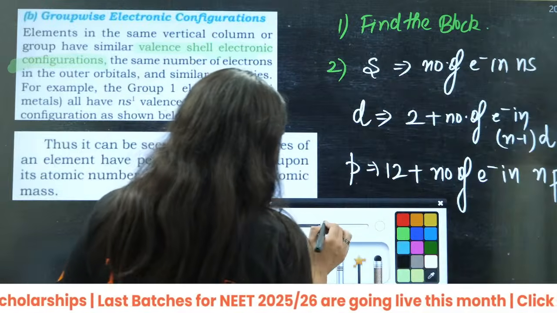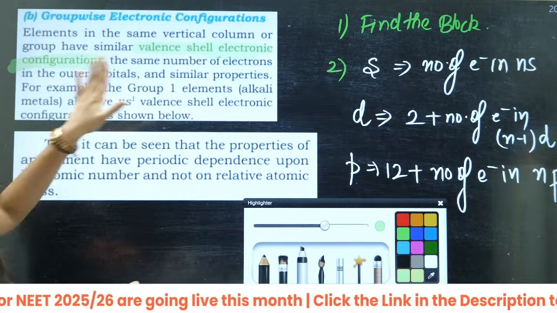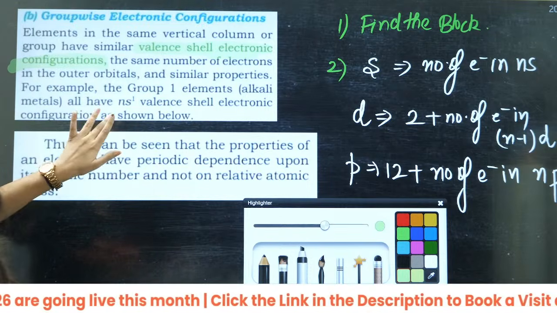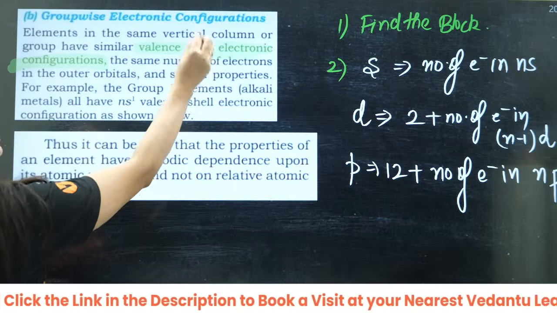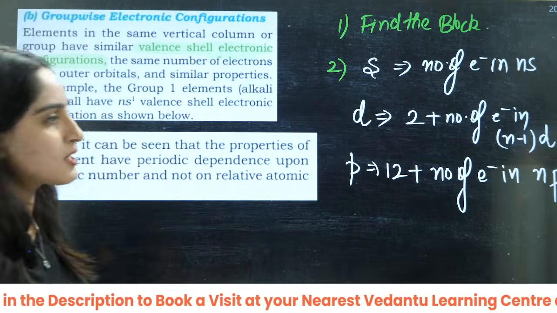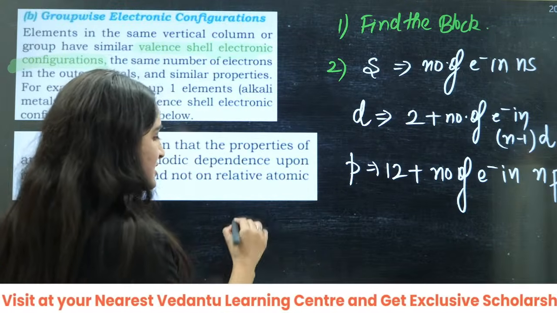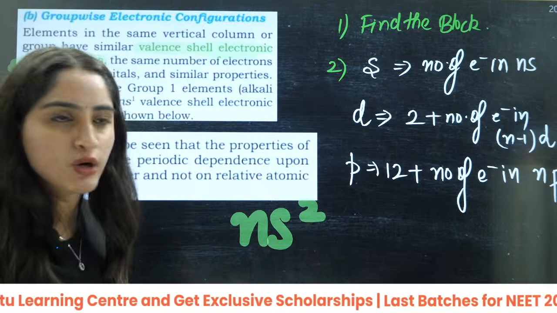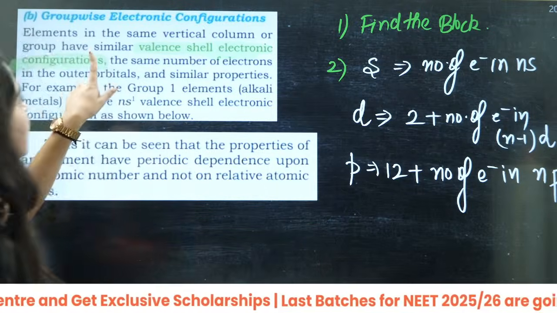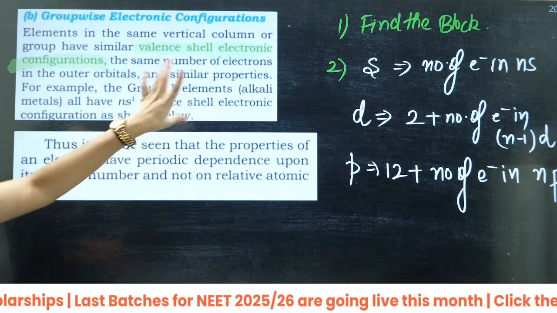Now, the next part, I think that is also done. The similar number of electrons in the outer orbitals. So what they are saying is elements have similar outer shell electronic configuration. For example, group number 2 will always have ns2, right? Outermost electronic configuration will be similar, with the same number of electrons in the outer orbitals and similar properties.